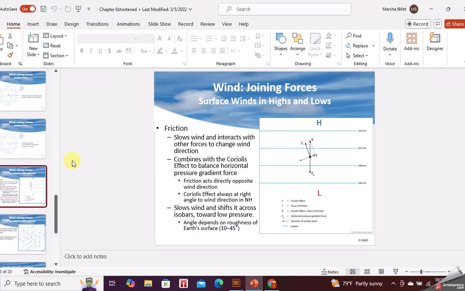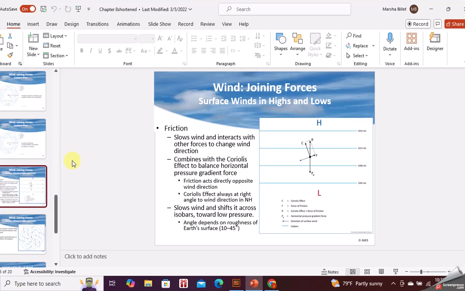So, as the air moves across this area, if you're down near the ground, what happens? Friction slows the wind. It pushes the pressure back on, tells it to slow down a minute. If it slows down, it means the Coriolis force isn't as strong.